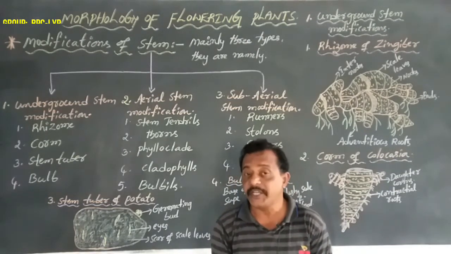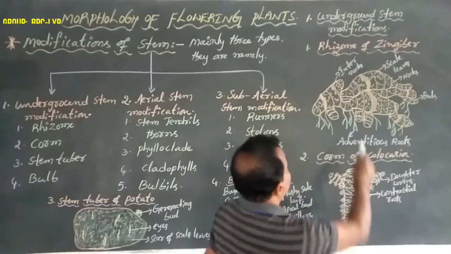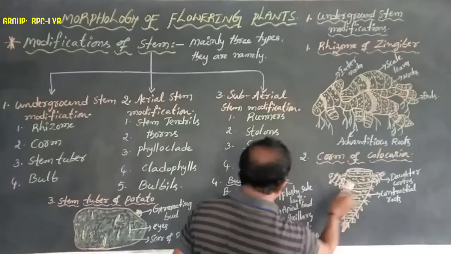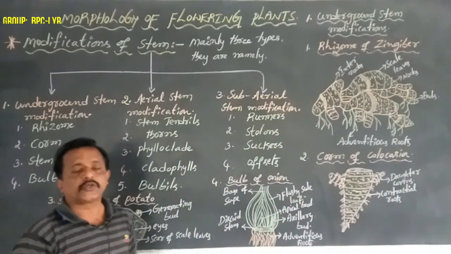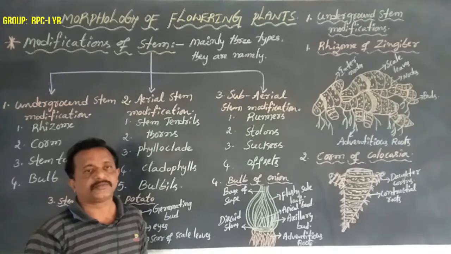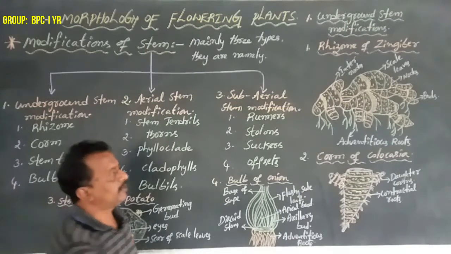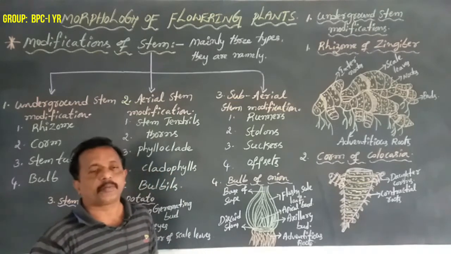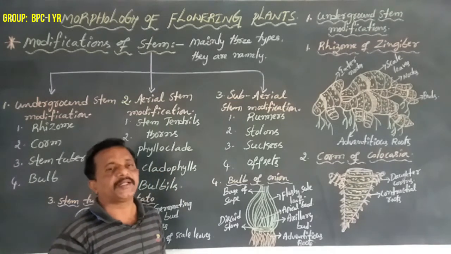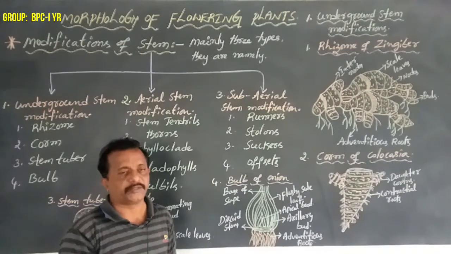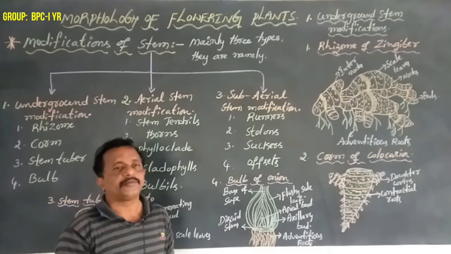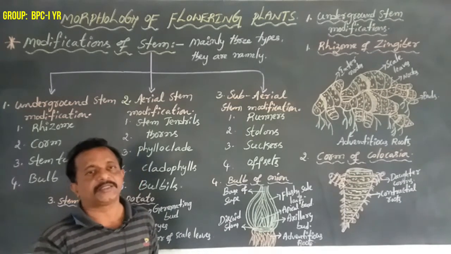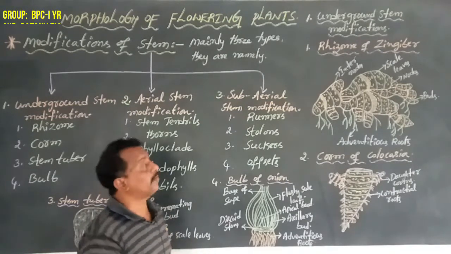When a permanent change occurs in the structure of stems to perform new functions suitable for the environment, such as storage of food materials, vegetative propagation, mechanical support and protection, this type of modification is named modification of stem, or stem modification.